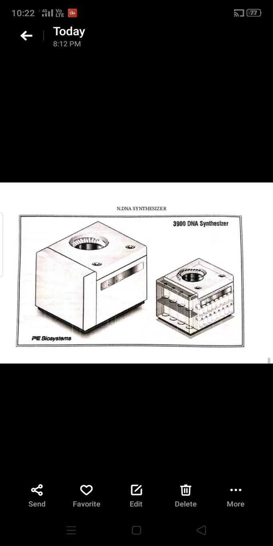DNA synthesis is the process of copying a strand of DNA in a biological cell before the cell replicates or divides.